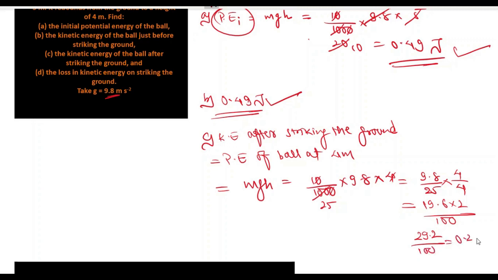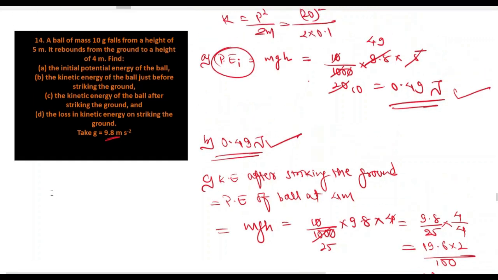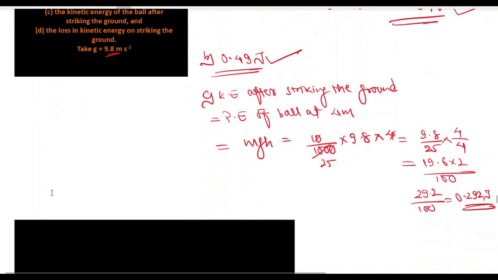So 0.292 joules is the answer. And the loss in kinetic energy on striking the ground, so 0.292 and 0.49, what is the difference? Approximately 0.2 joules is the difference.